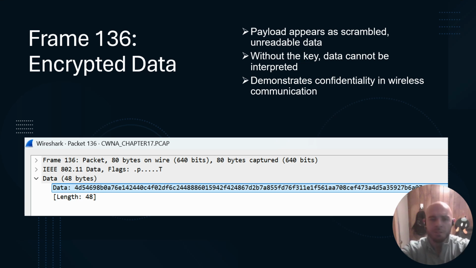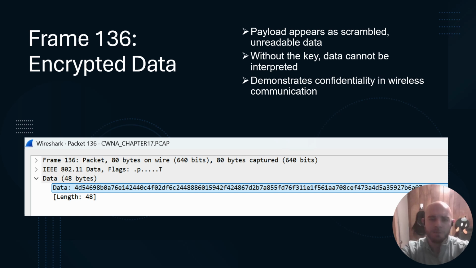Here in frame 136, we're looking directly at the encrypted payload. Unlike frame 8, where we could clearly read the application layer text, this frame shows nothing but scrambled hexadecimal data. It's exactly what we want to see in a secure wireless environment. Payload is completely unreadable without the correct encryption key.